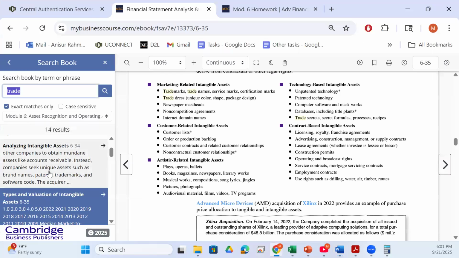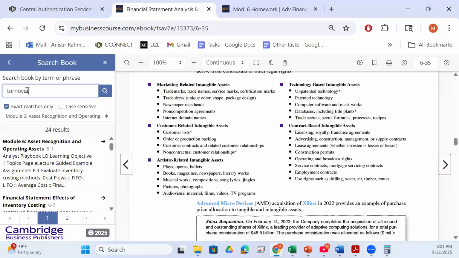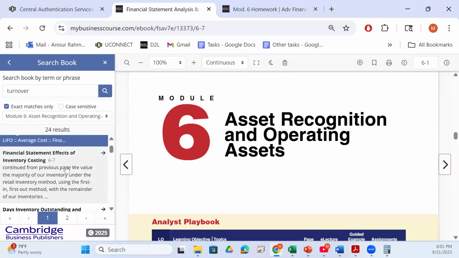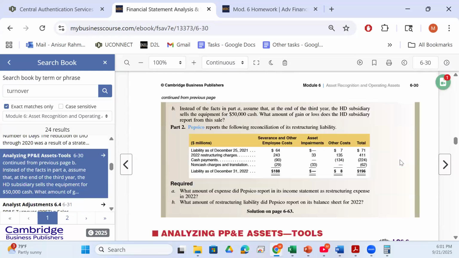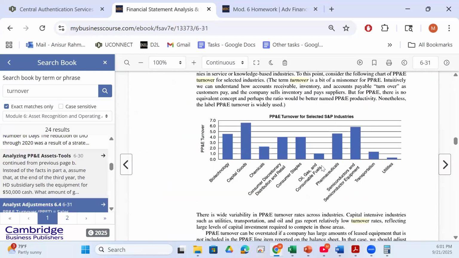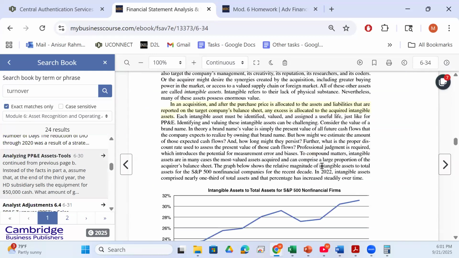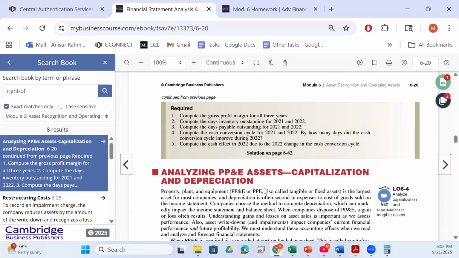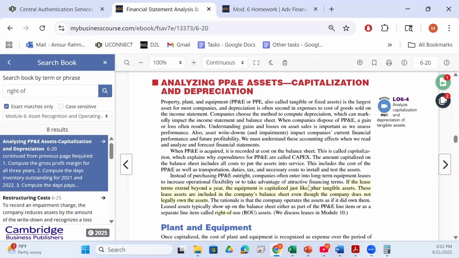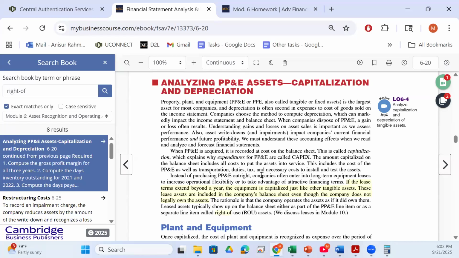Yes, right of use assets. There is a nice discussion here.